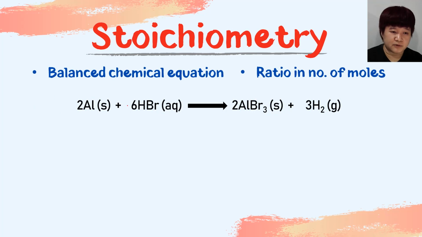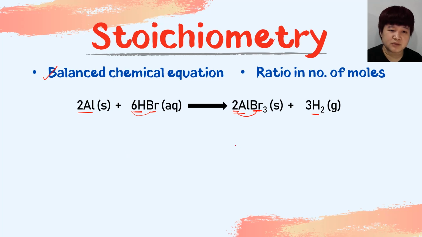For example, I have a balanced equation here: 2 aluminium on the reactant, 2 aluminium on the product; 6 hydrogen on the reactant, 6 hydrogen on the product; 6 Br on the reactant, 6 Br on the product. So I have a balanced chemical equation.